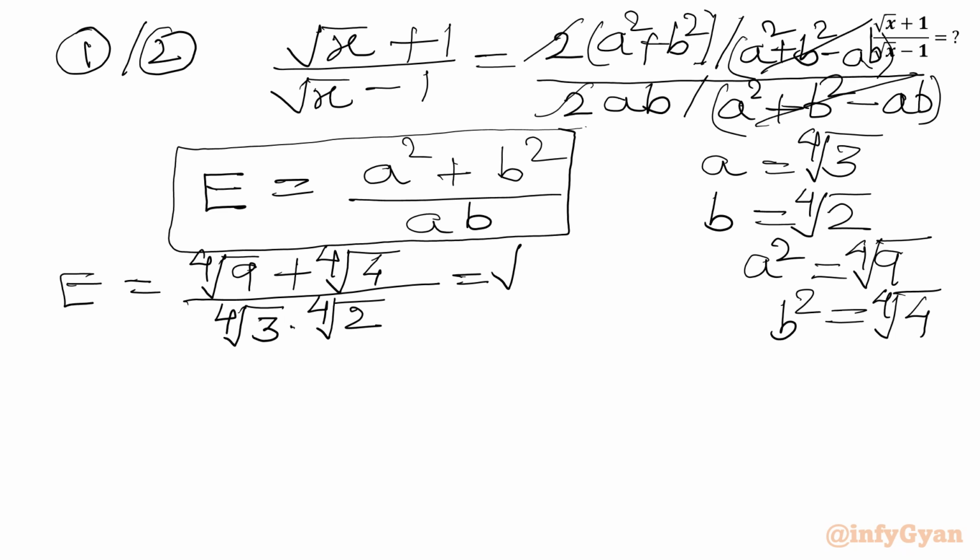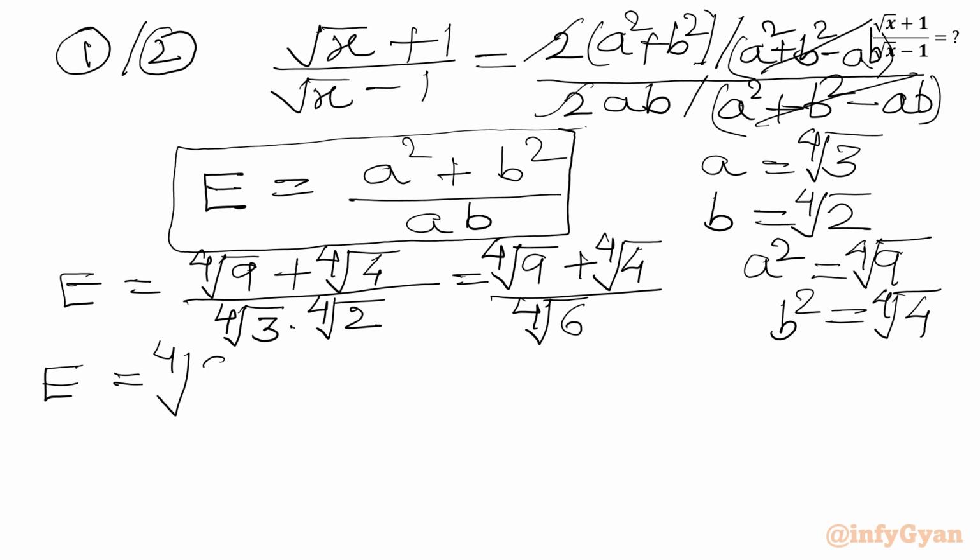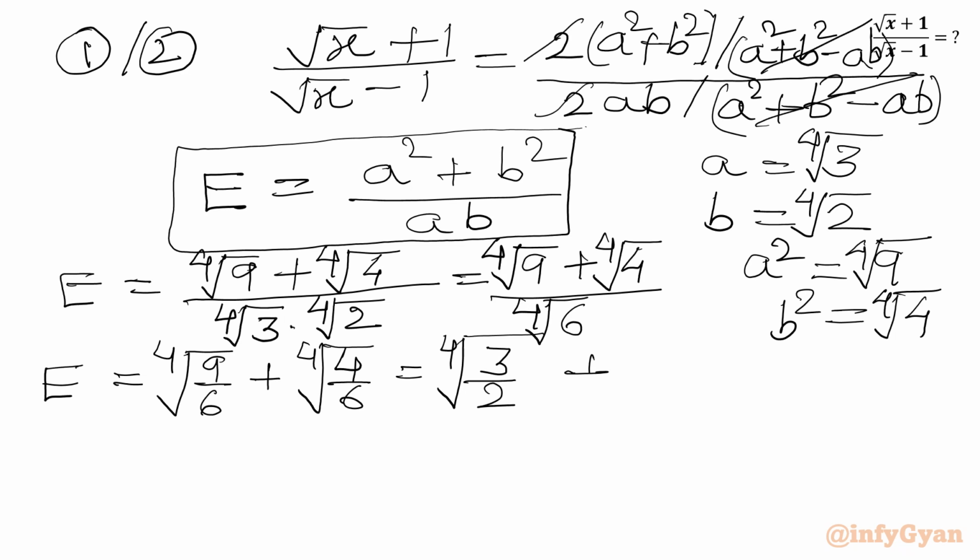So we can write 4th root of 9 in the numerator plus 4th root of 4 over 4th root of 6. Now we have to simplify a bit. We will write 4th root of 9 over 6 plus 4th root of 4 over 6. This will give us 4th root of 3 over 2 plus 4th root of 2 over 3.